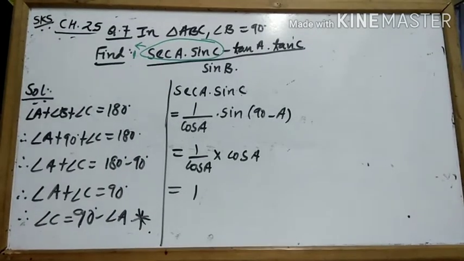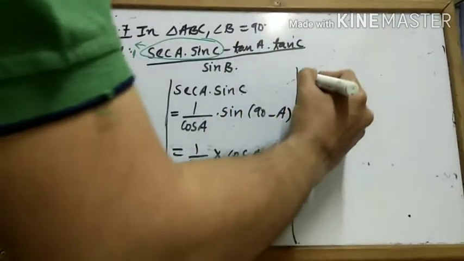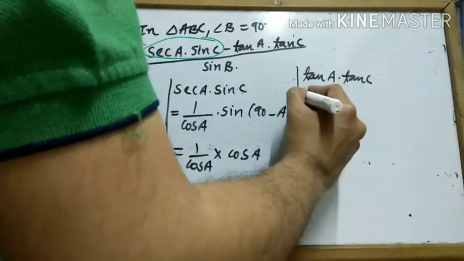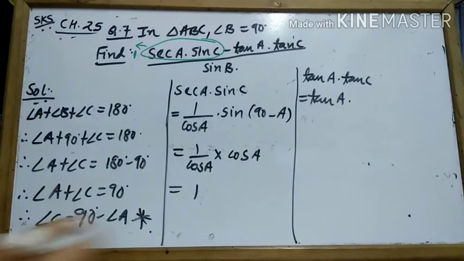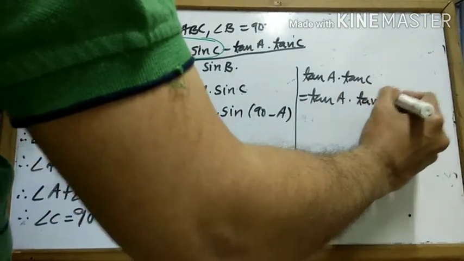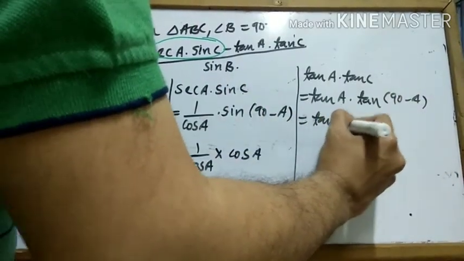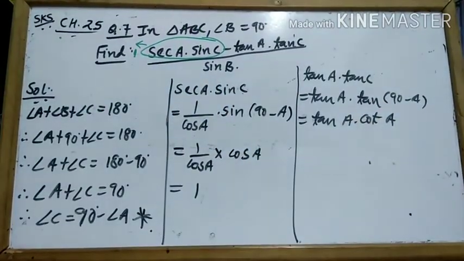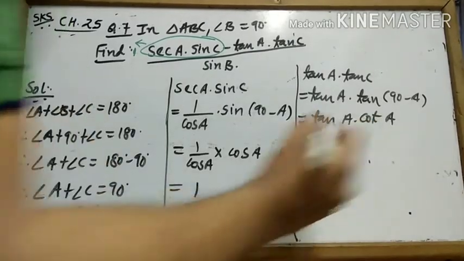Let us see the second part. Second part is what? Tan of A into tan of C. Tan of A as it is, tan of C can be replaced by tan of 90 minus A. And tan of 90 minus A is nothing else but cot A. And you should know the result that tan A into cot A, they are multiplicative inverse of each other, so this will result into 1.